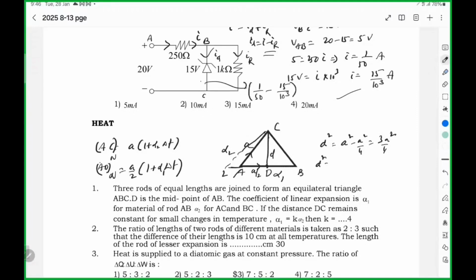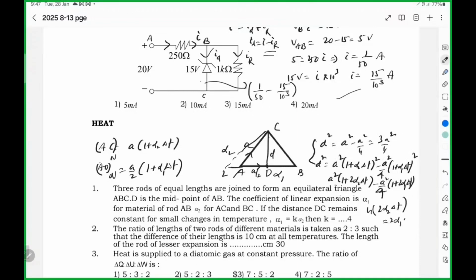So now you can calculate D square: A square (1 plus alpha 2 delta T) whole square minus A square by 4 (1 plus alpha 1 delta T) whole square. Alpha delta T is very small, so you can write 1 plus 2 alpha 2 delta T minus A square by 4 (1 plus 2 alpha 1 delta T). Here it is 3A square by 4, this D square, and on D square simplification, 2 alpha 2 delta T is equal to 2 alpha 1 delta T by 4. Then you get alpha 1 as 4 times alpha 2.